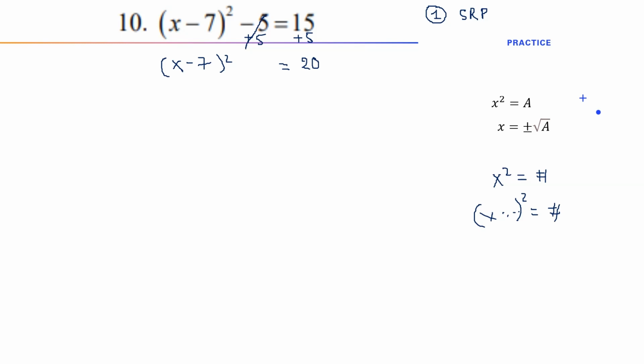So now we take the square root of both sides of x minus 7. So this one will be plus or minus, right? So that one will be plus or minus square root of 20, yes.